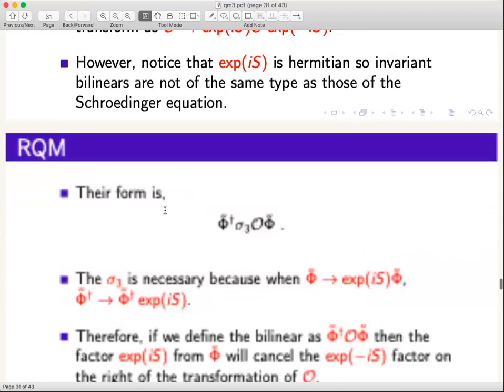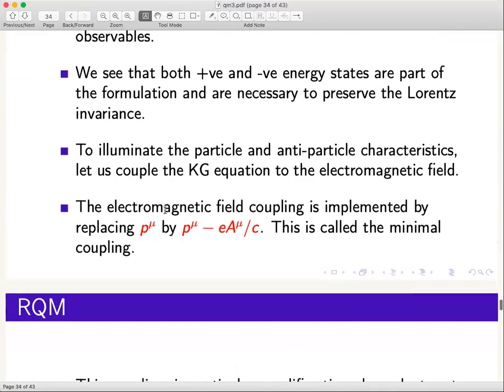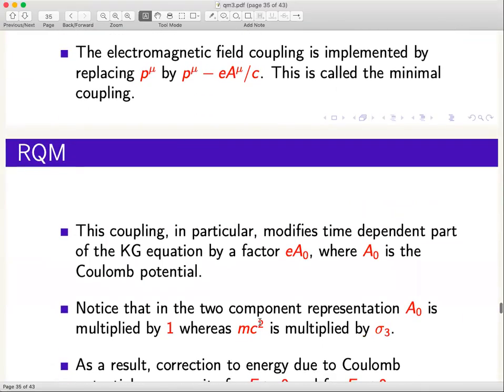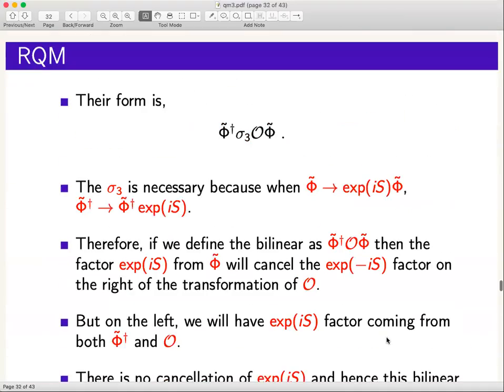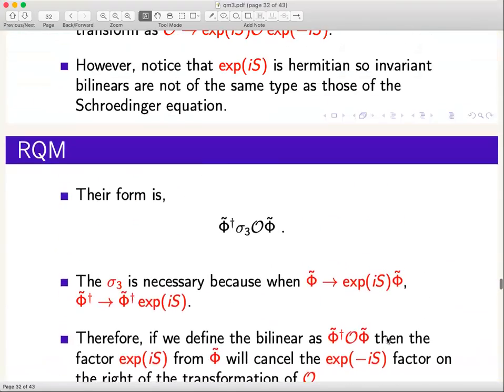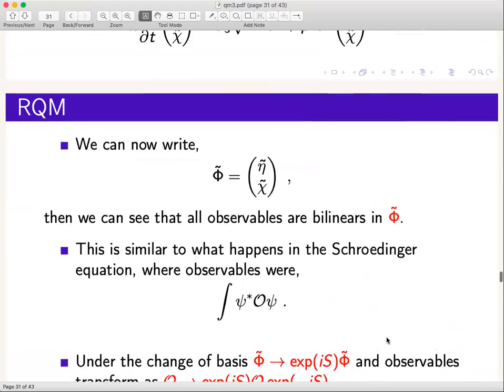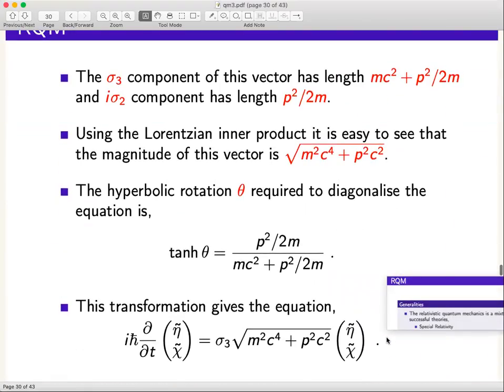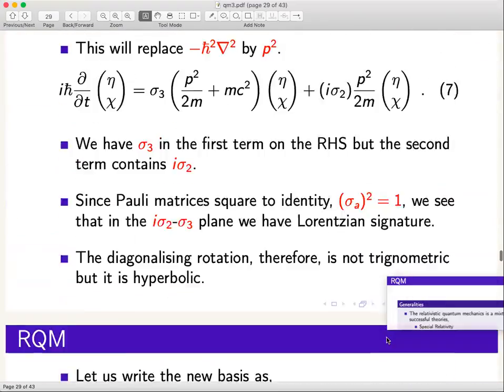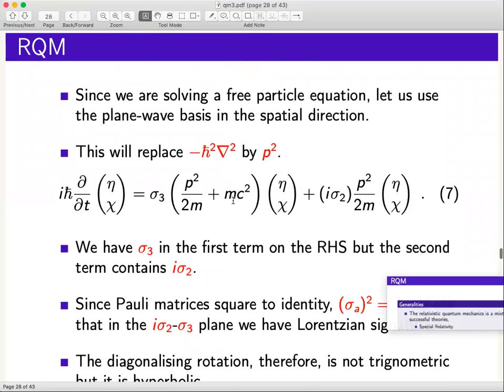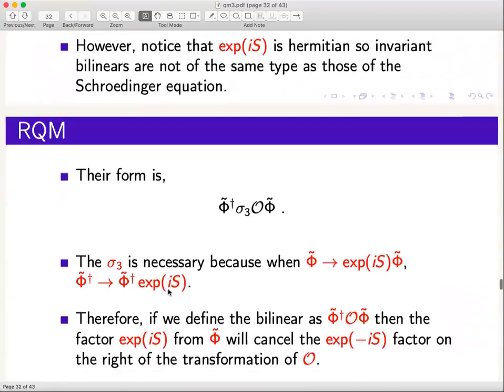That is the statement that I want to make, that in the two component representation, A0 is actually multiplied by 1, whereas mc squared is multiplied by sigma 3. We'll have to go all the way back to look at this expression, that mc squared is multiplied by sigma 3, whereas A0 is sitting on this side, multiplied by the identity matrix.